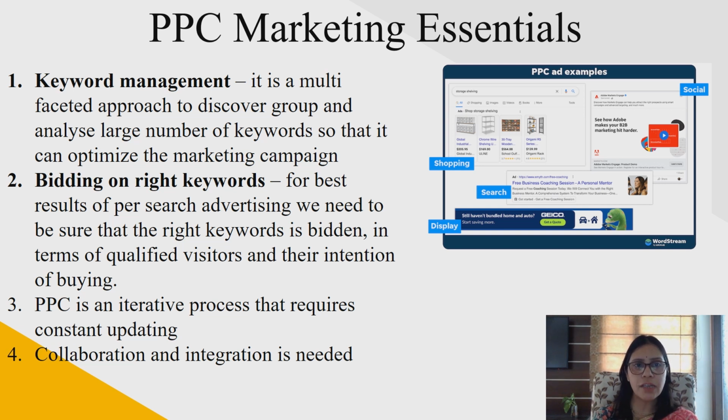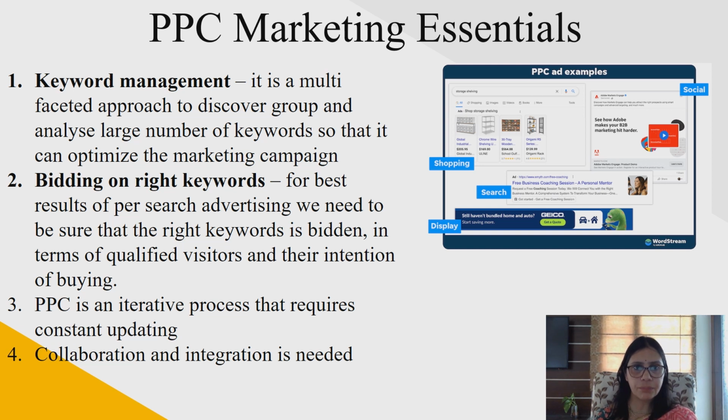And for the best result, for pay-per-click advertising, we need to be sure that the right keyword is bid on. The right keyword should be in terms of the qualified visitors who are coming to your website and their intention of buying. So you should be in a position to think that supposing a person wants to buy a table fan, what are the possible keywords that he would be writing?